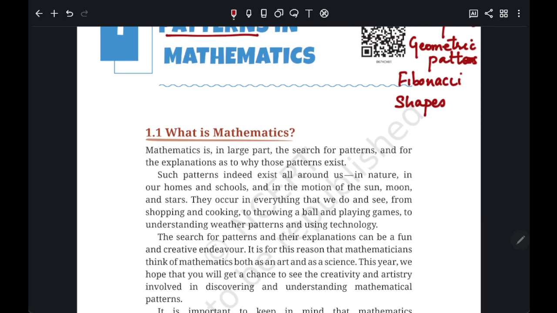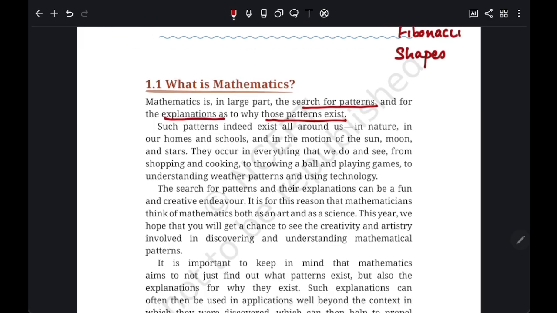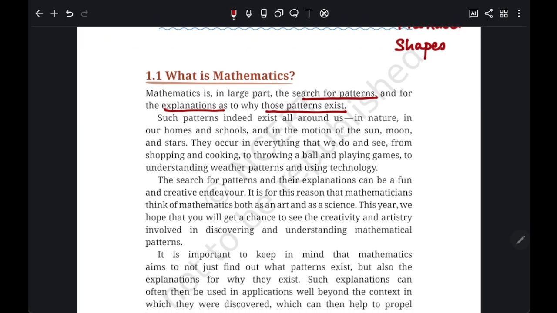Now, what is maths? Maths, in large, is the search for patterns and for explanation as to why those patterns exist. We have seen a number of examples in schools, at home, motion of sun, moon, and stars.